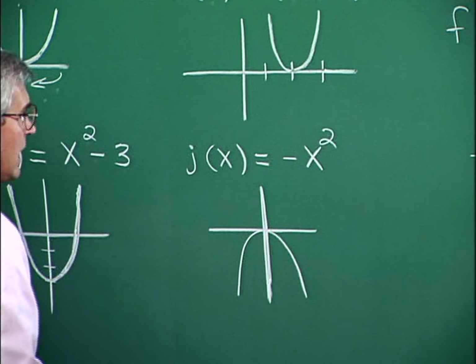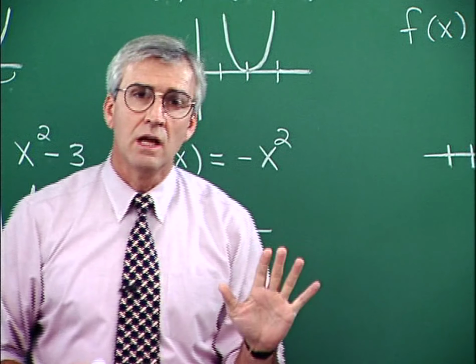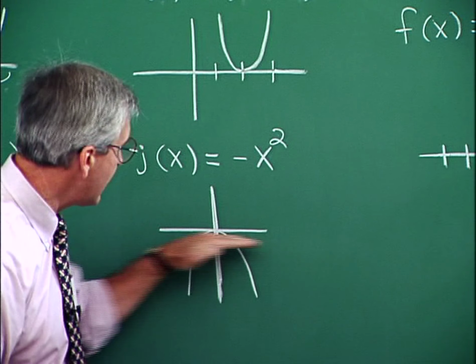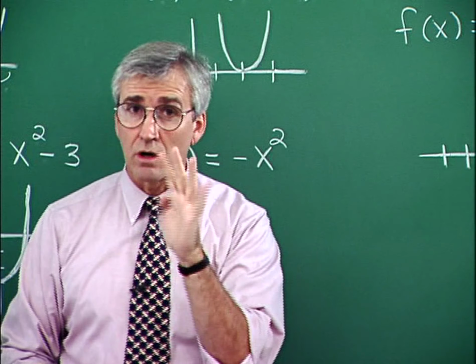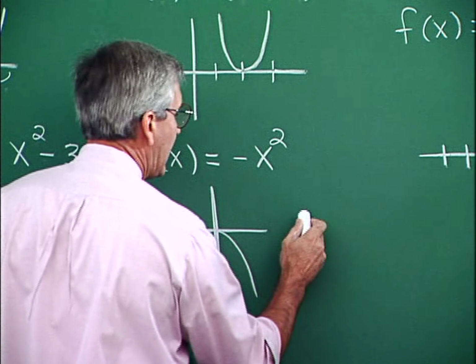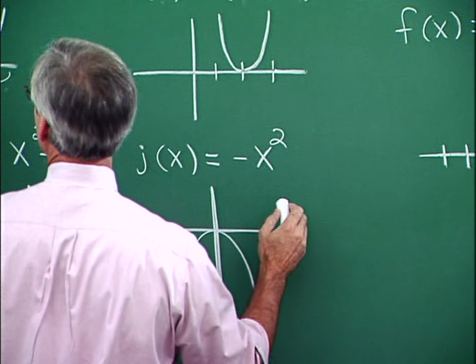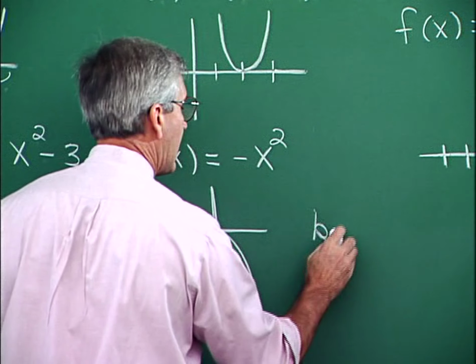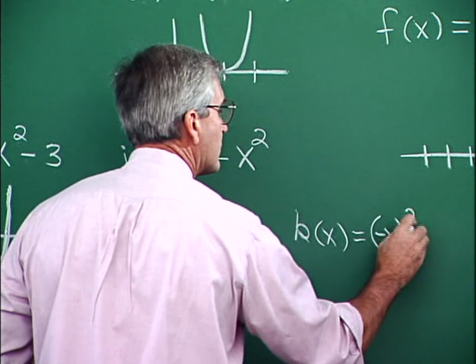There's actually another transformation that we could discuss. It's a reflection. Now notice here we're reflecting in the x-axis. We could talk about a reflection in the y-axis, and that would occur here if we were talking about a function, let's say k of x is negative x squared.